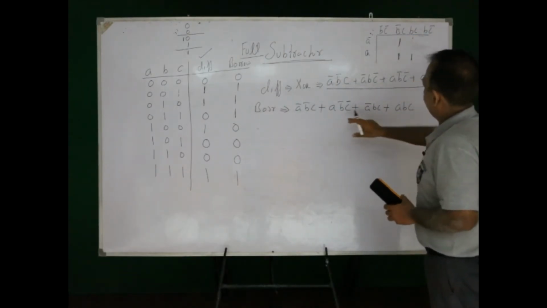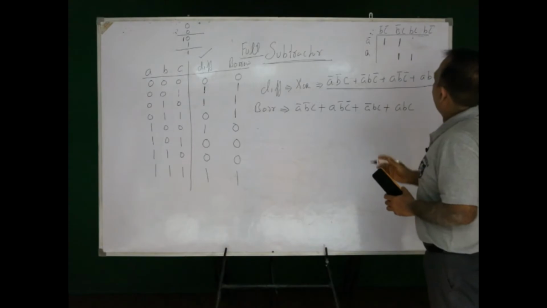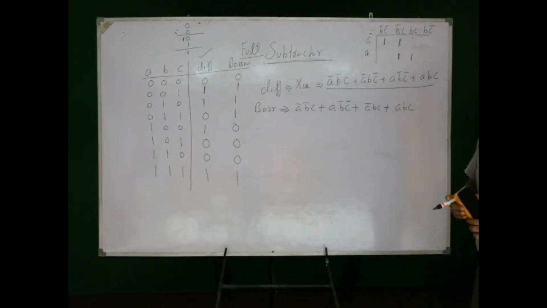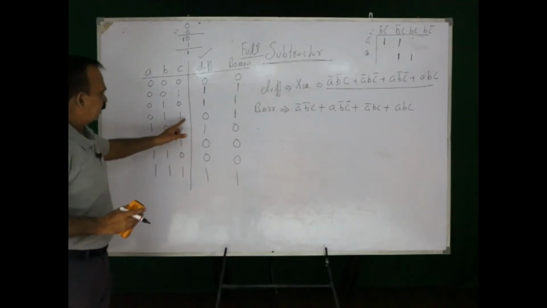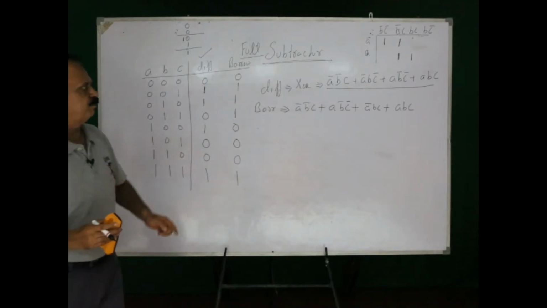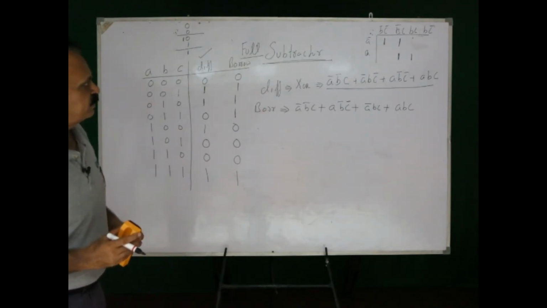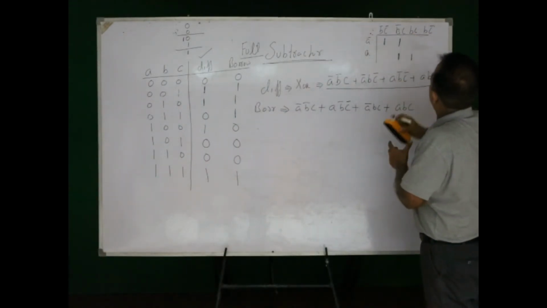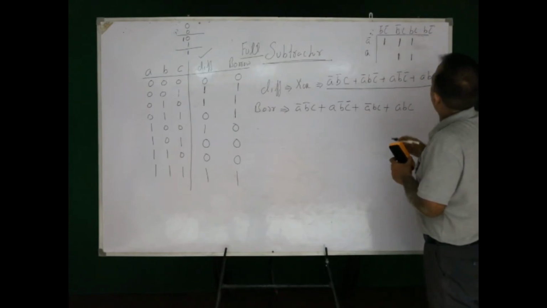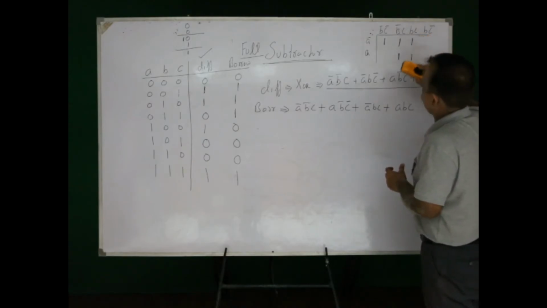Now next one is A bar B C, yes, and the last is A B C, and that entry is this one.